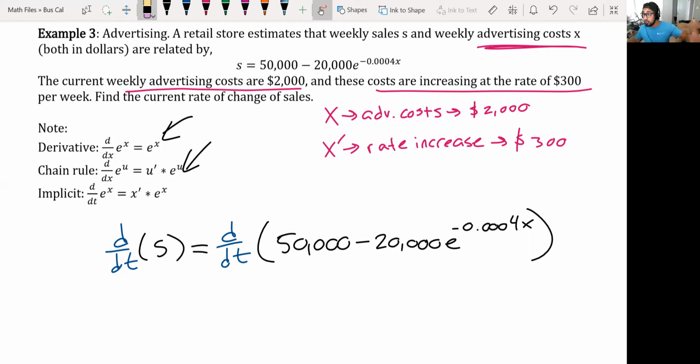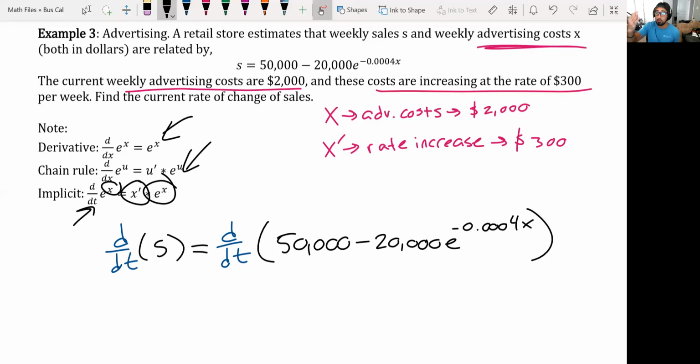But now we have something new since we have just learned about implicit differentiation with respect to time. So the implicit derivative of e to the x, no matter what function is being raised to, is going to be the implicit derivative of that function times e to the x.